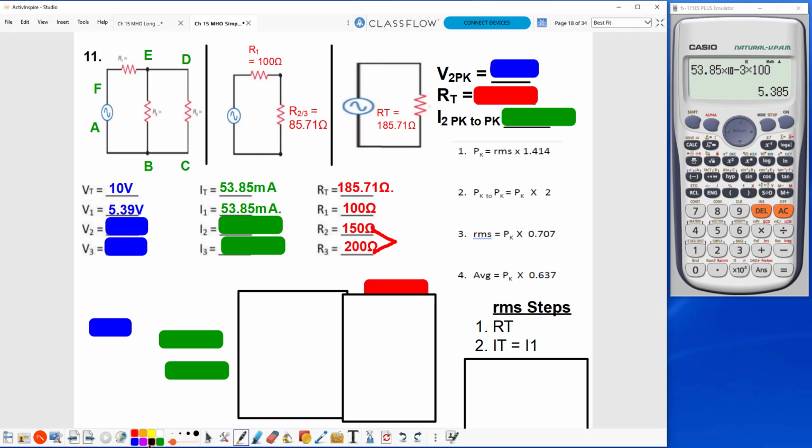R2 and R3 will have the same amount of voltage, but since we dropped 5.39 volts at R1, the full 10 volts cannot be across R2 and R3.